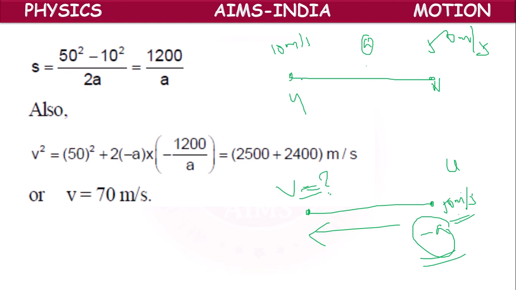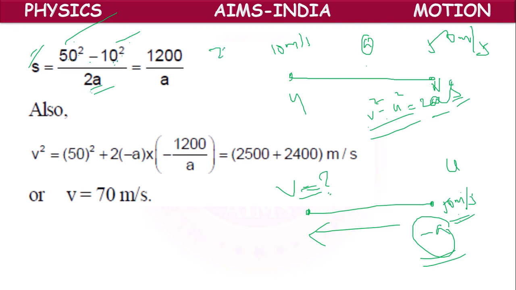So in the first case, we have the formula v square minus u square equal to 2as, or s equal to v square minus u square by 2a, where v is 50 square, u is 10 square. 50 square is 2500 minus 10 square 100, by 2a.